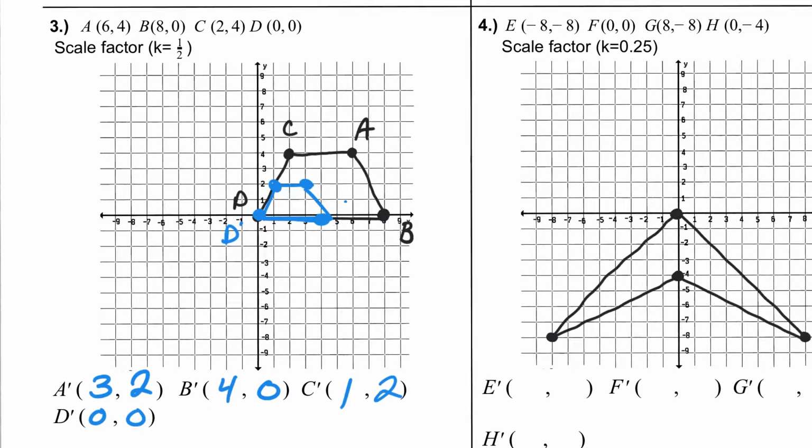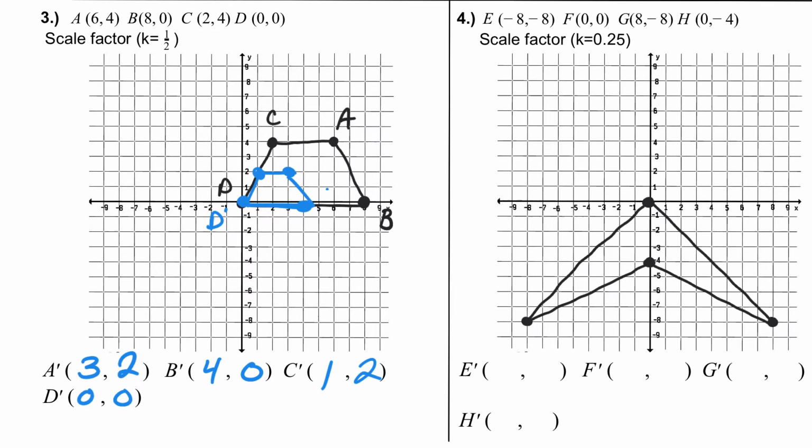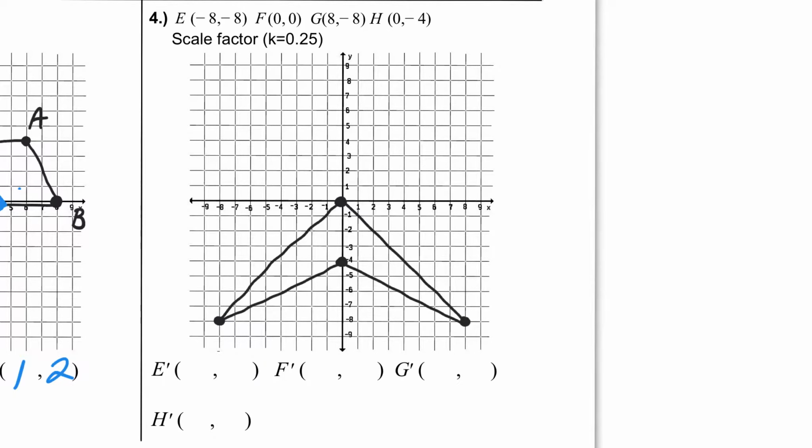So example 4, we have a quadrilateral EFGH, and we are dilating it by a scale factor of 0.25. Now, we could go ahead and multiply all these by 0.25, but to make life a little bit easier on us, 0.25 as a fraction is the same as 1/4. So let's just use k equal to 1/4 in our head.